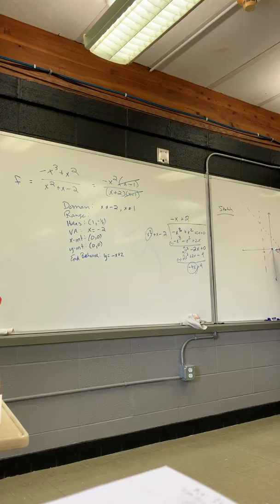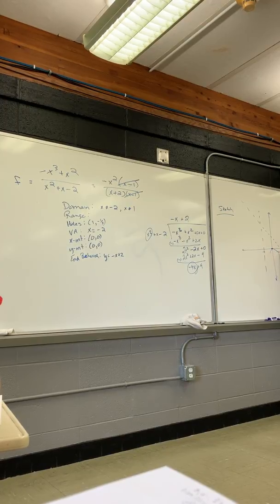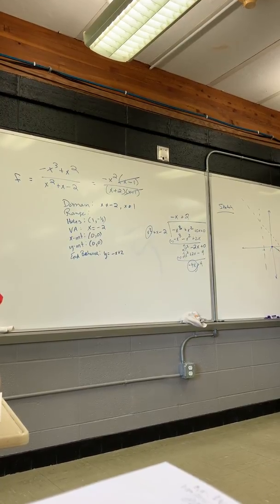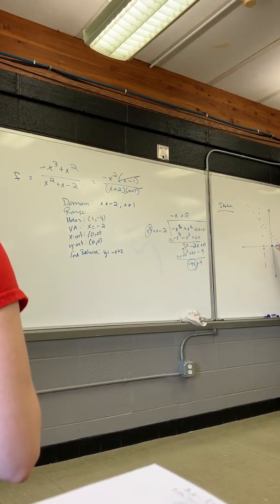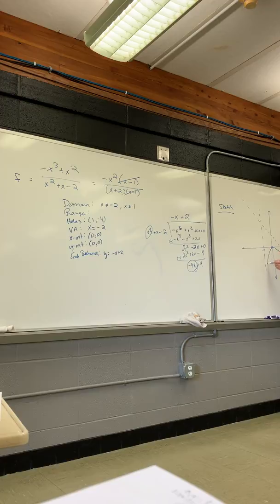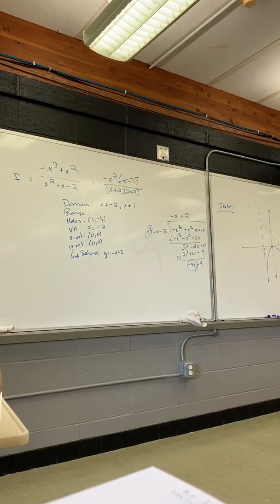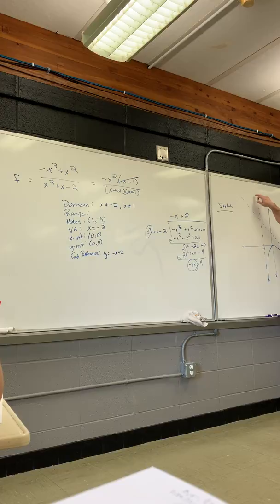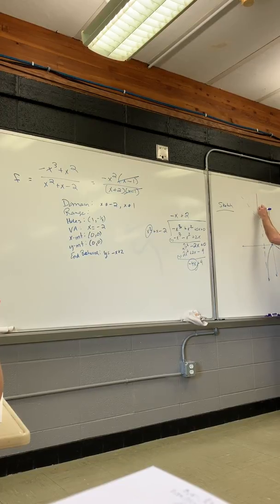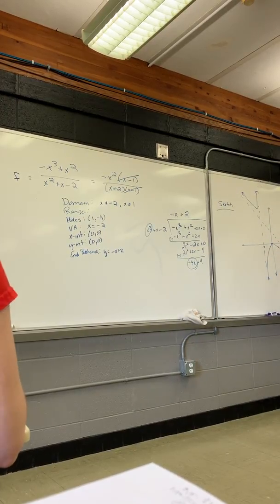It's gonna turn around here. I know that it has to go through this hole. I know that it has to come closer to the asymptote. I also know over here that once it touches this point and turns around and goes back, it's gotta get closer and closer to that asymptote. Okay? If it's down here, it's up on the other side of this asymptote. So that one is gonna have to turn around.